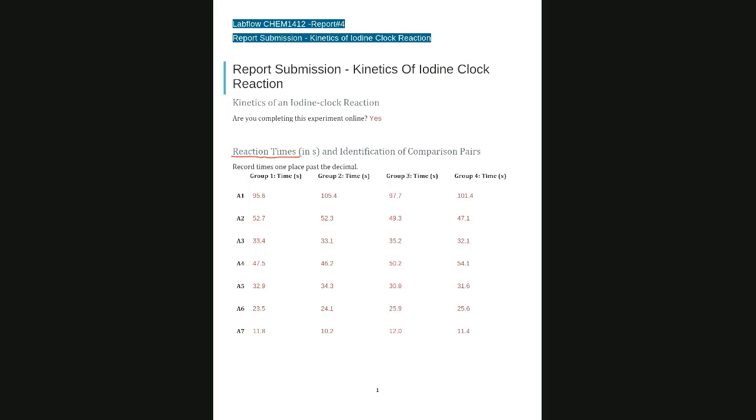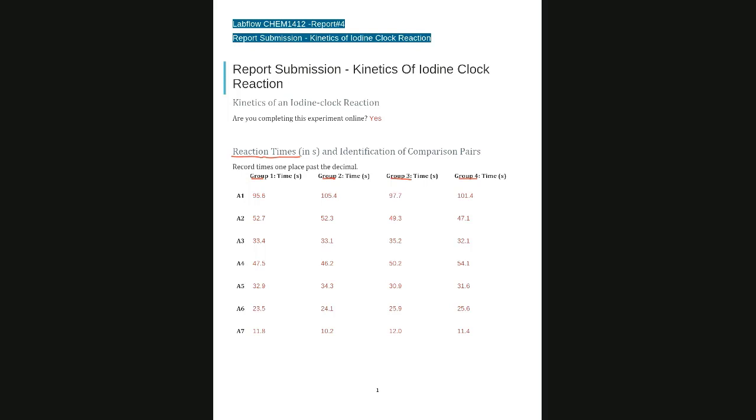So basically, 4 groups perform: group 1, group 2, group 3, and group 4. Each group performs A1, A2, A3, up to A7. So each group performed 7 experiments. And what is A1?